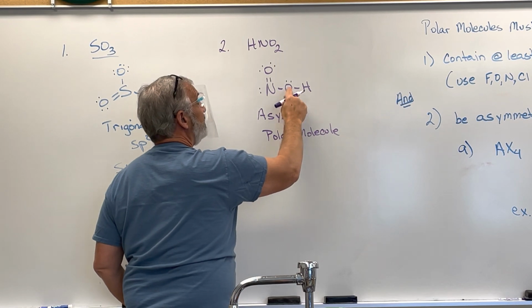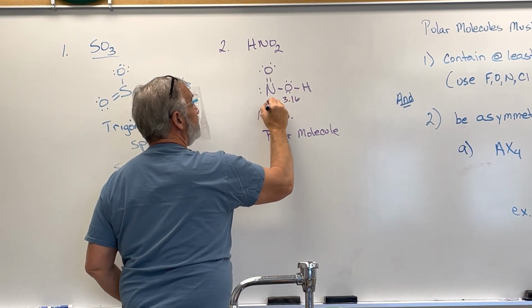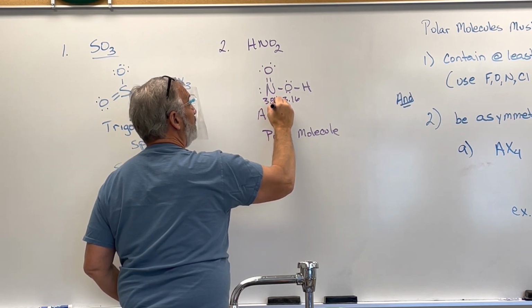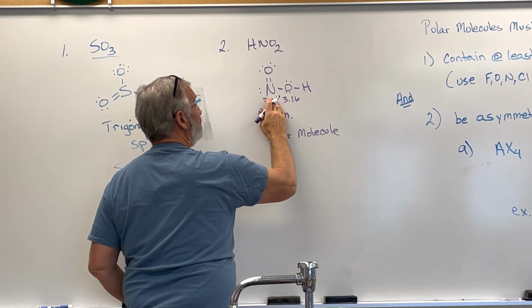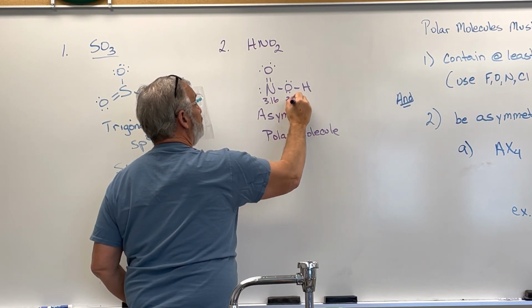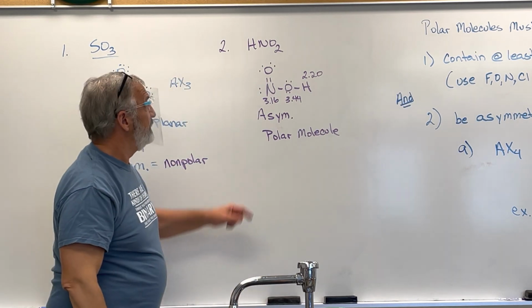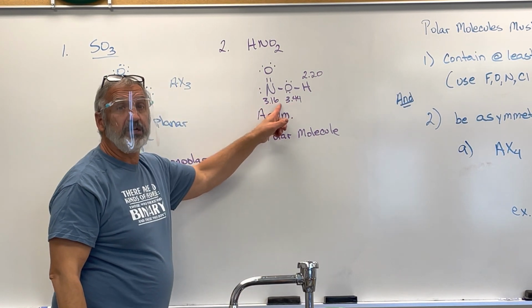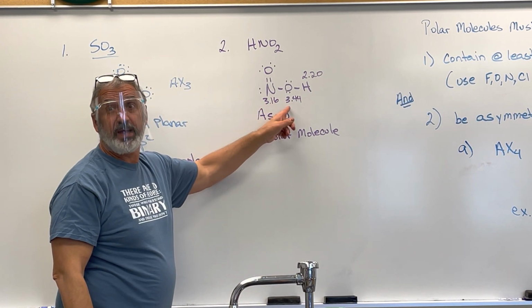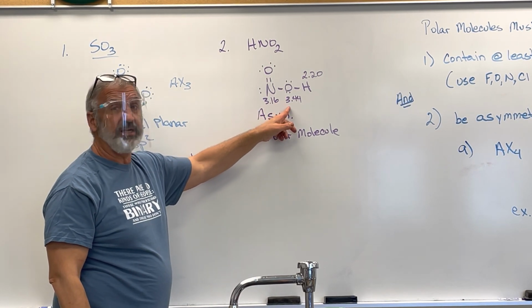More so here. Here are the electronegativities. I'm just going to point this out. 3.16, 3.44, and then 2.20. So this difference right here between the nitrogen and the oxygen is two big bad boys battling it out for the electrons. So it's pretty close, 0.28.